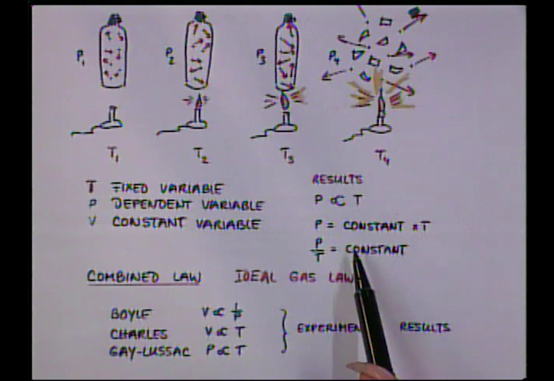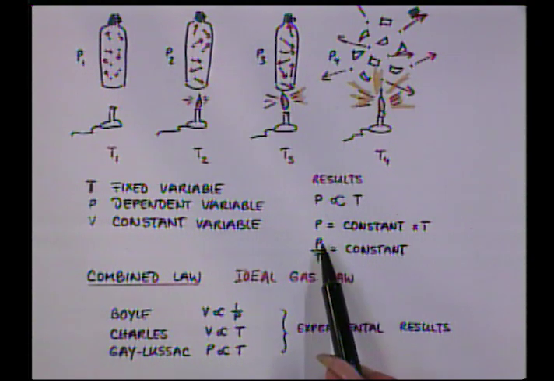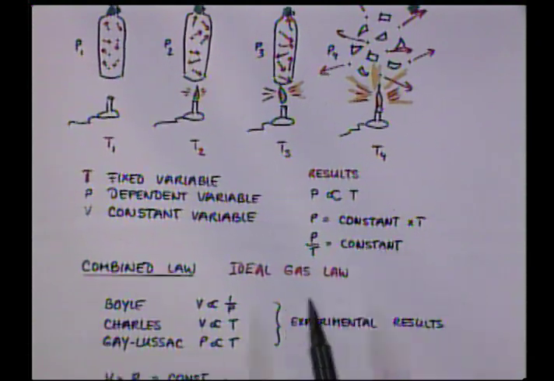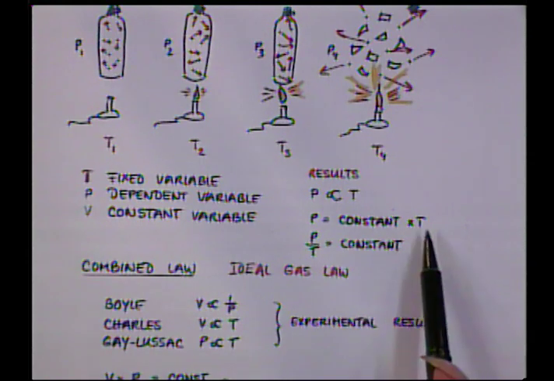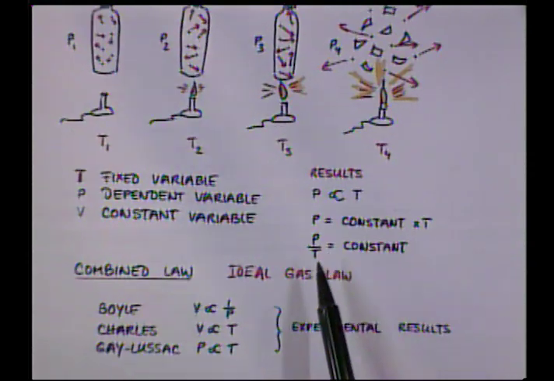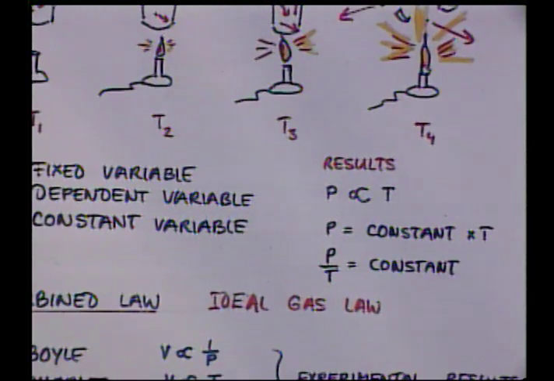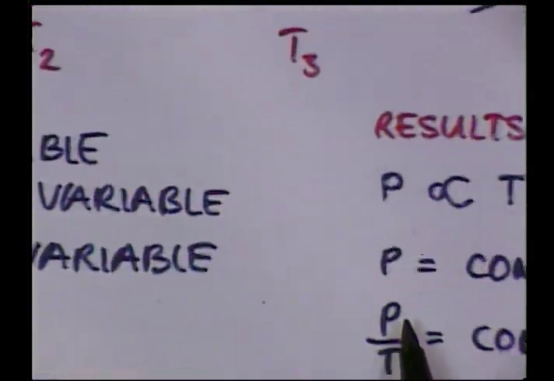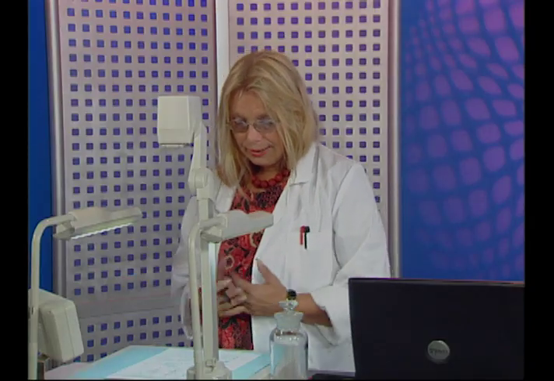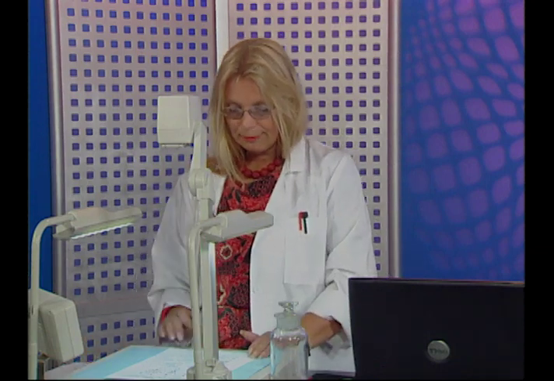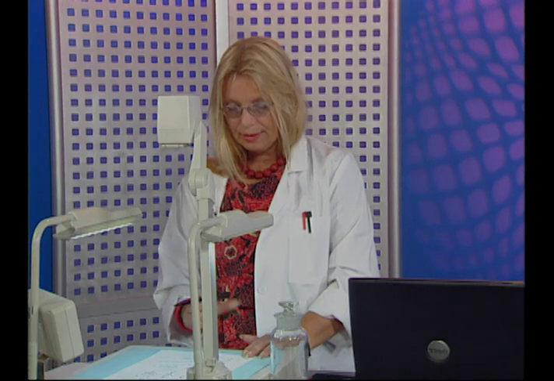If we want to make an equation out of that, we say P equals constant times the temperature. And if we want to put everything on one side, the variables on one side and the constant on the other side of the equation, then we can say P over T equals constant. Here you have now the third law.